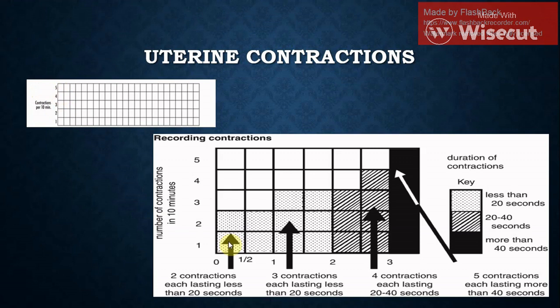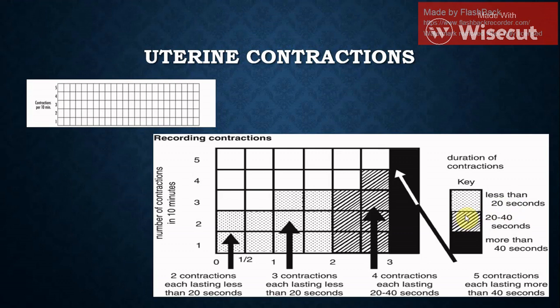Again, as per the intensity and the duration of the contraction, we have 3 types of uterine contractions. These are mild contractions, moderate contractions and severe contractions. Mild contractions are represented with dotted boxes or dots, and these mild contractions last less than 20 seconds.